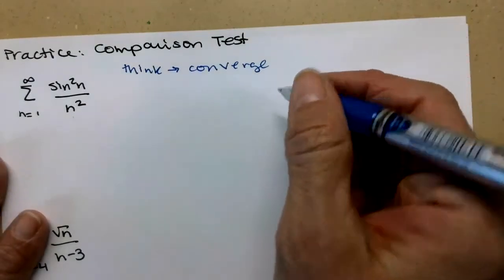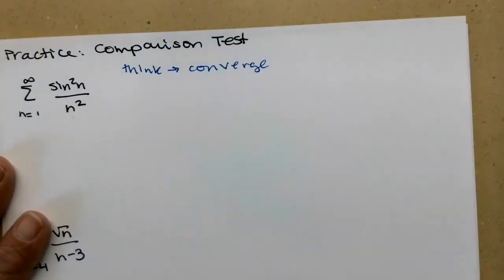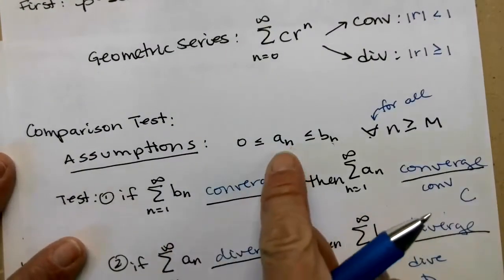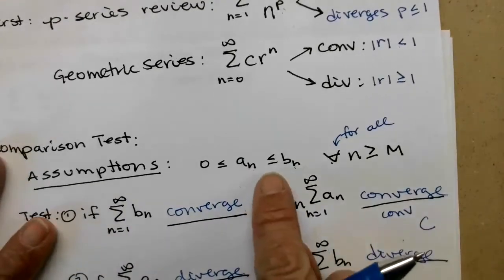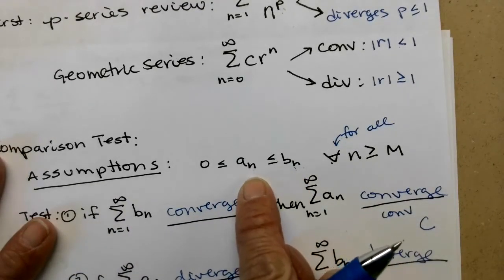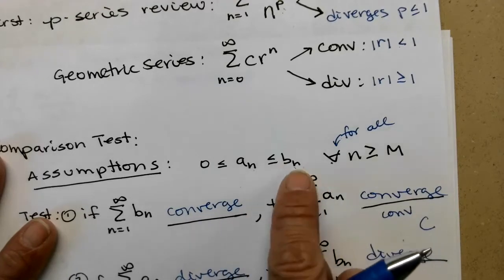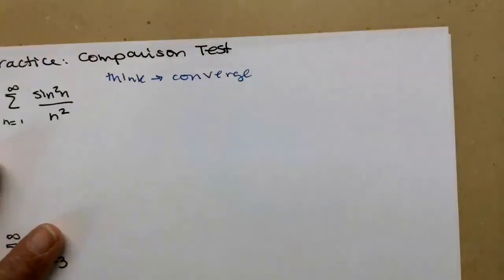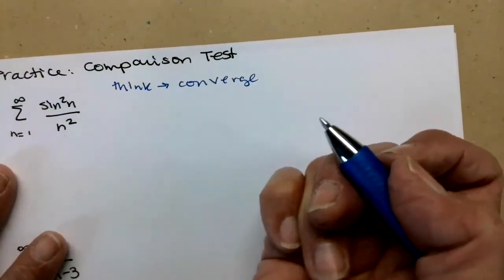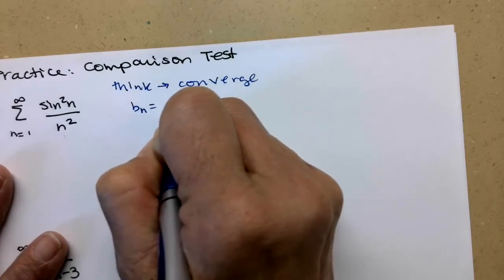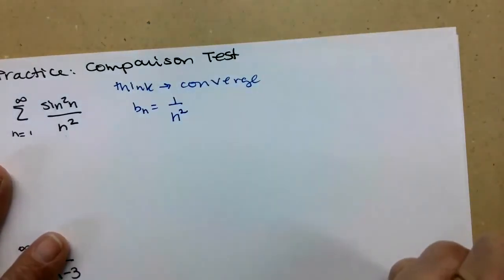So if I can show, the way we use our comparison test, if we think it's going to converge, then I need to come up with a b of n that's always bigger than a of n, and show that if b of n converges, then my a of n will converge. Okay, so the b of n that I'm going to choose then is 1 over n squared.